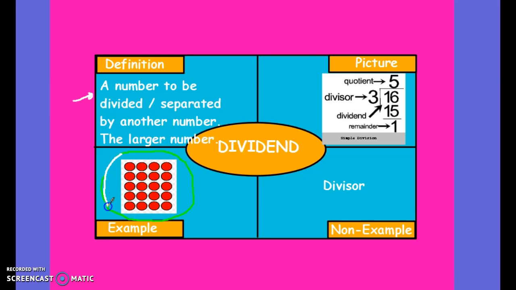So in my picture example, my dividend is the total or larger number that is being divided. 20 is the dividend, and depending on how many groups we separate that into, that is what is being separated. A non-example would be the divisor, which we again know is the smaller of the two numbers that is dividing up the dividend.